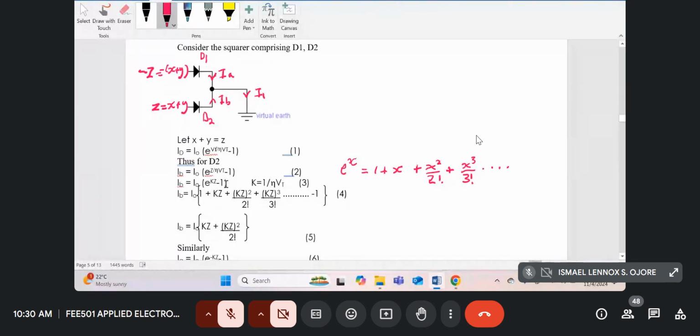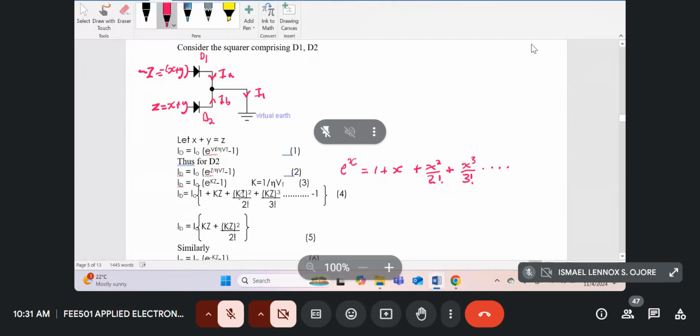Now, using Euler's relations, we know that e to the power x can be written as 1 plus x plus x squared over 2 factorial plus x cubed over 3 factorial, etc. So we can write e to the kz in this equation 3, if I take I naught to be common, as 1 plus kz plus kz squared over 2 factorial plus kz cubed over 3 factorial, etc., all minus 1. And we get equation 4.